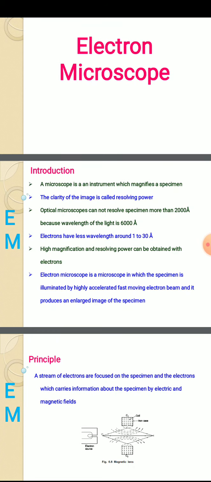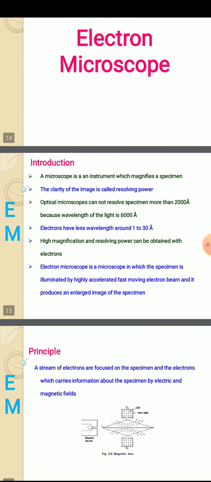In the optical microscope, the resolving power is very less. Resolving power means the clarity of the images. But by using the electron microscope, the resolving power is high. Because in the optical microscope, the optical source has a wavelength of 2000 Angstrom to 6000 Angstrom.